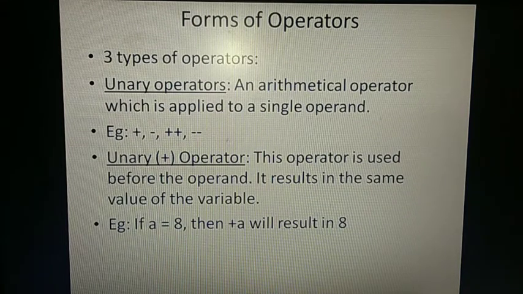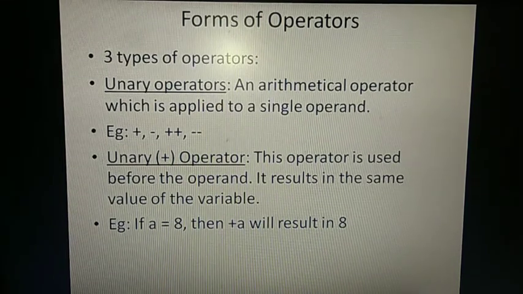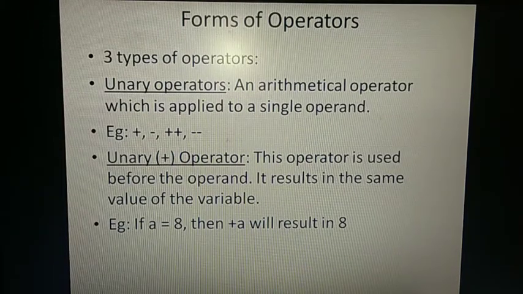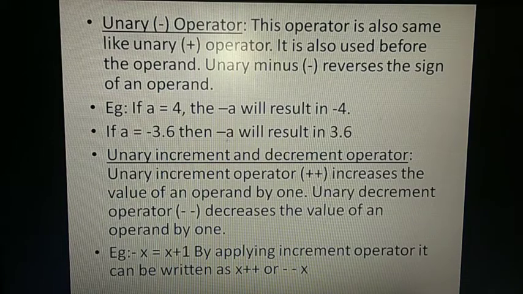This you are supposed to understand properly, as it consists of prefix and postfix, and prefix and postfix confuse most of the students. Forms of operator: there are three types of unary operators, that is the unary plus operator, the unary minus operator and the unary increment and decrement operator.